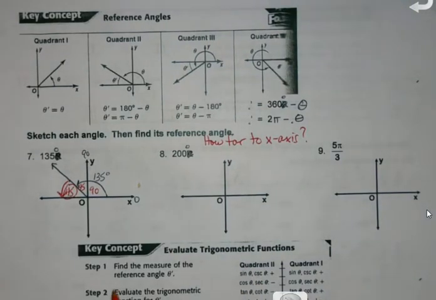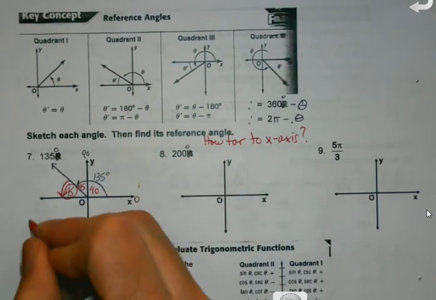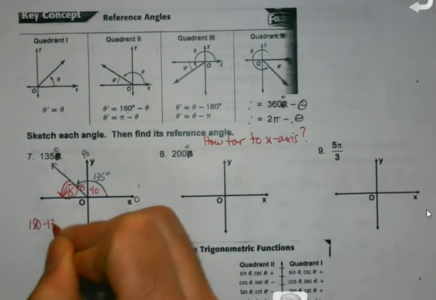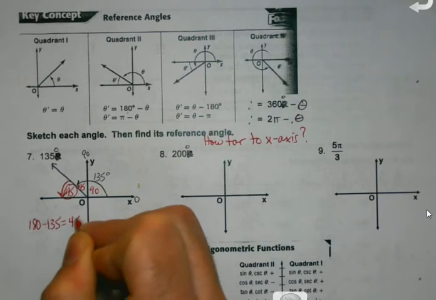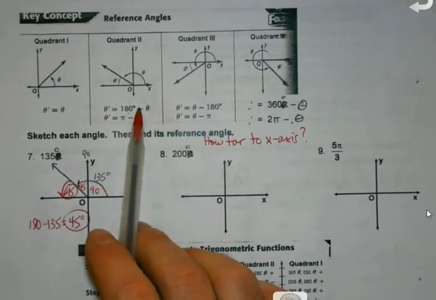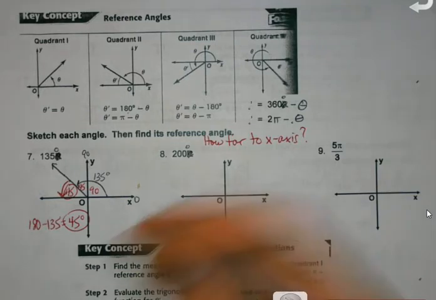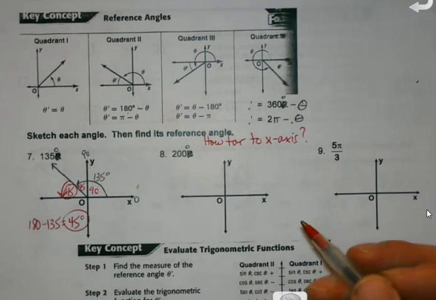But I also can look at it as, it's in quadrant 2, so I can just do 180 minus 135, and I can get the 45 that way. So either by formula or by what I visually see. The thing I always got to keep stressing to people is you're not necessarily going to keep going around. Sometimes you're going to go back.